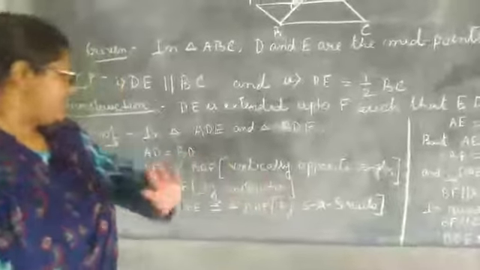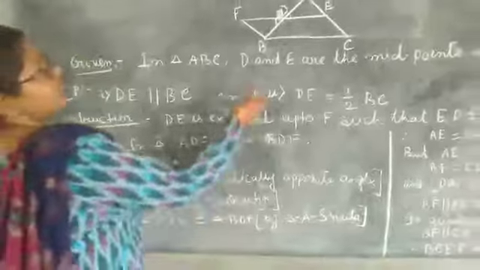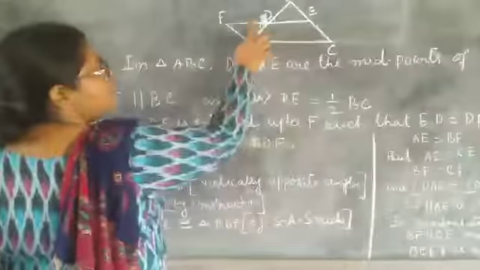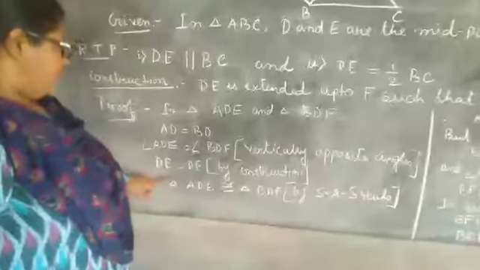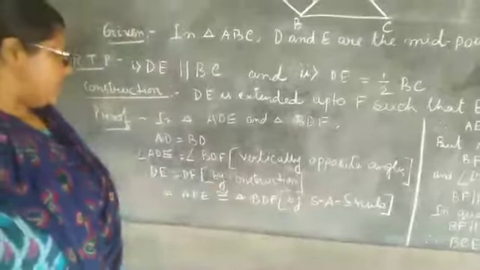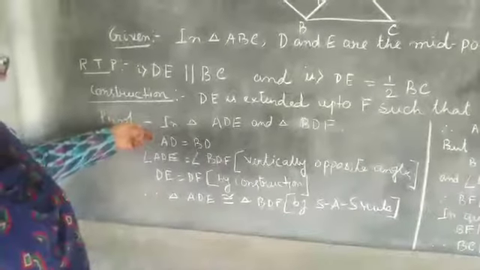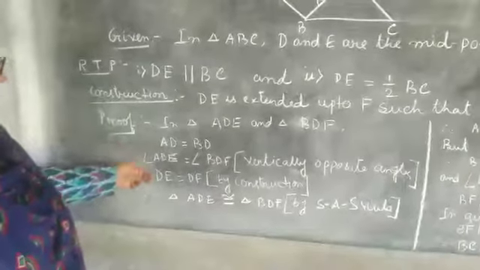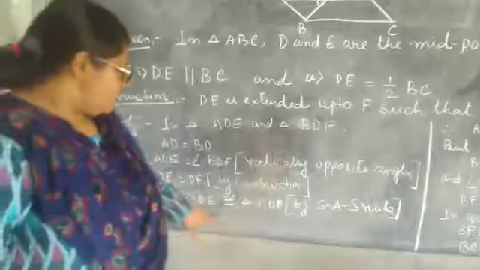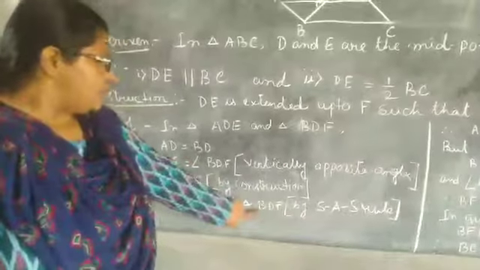And we have constructed DE equal to DF. So this is by our construction. So by the side angle side property, these two triangles are congruent.